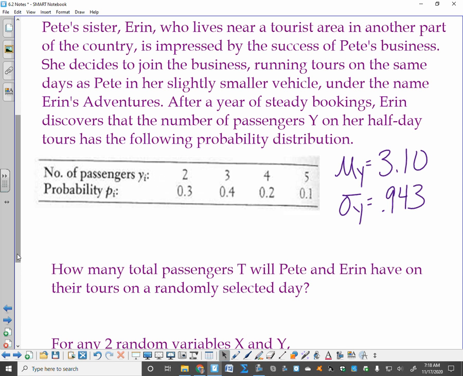Y is the number of passengers for Erin. Okay, so it says, how many total passengers T will Erin and Pete have on their tours on a randomly selected day?